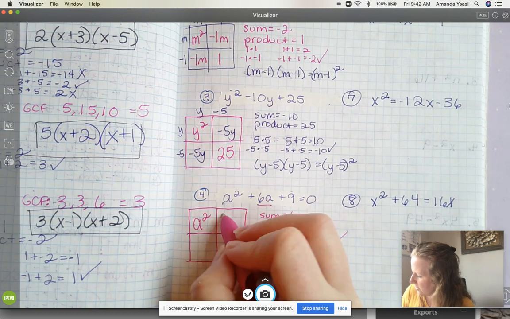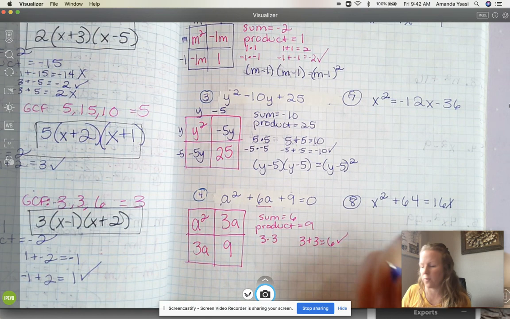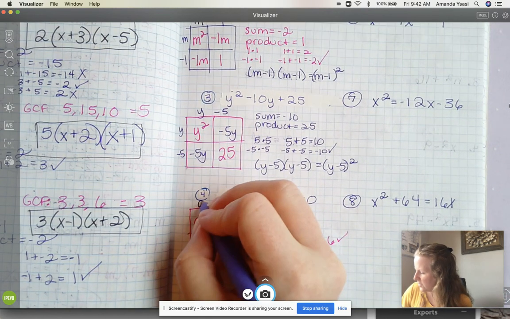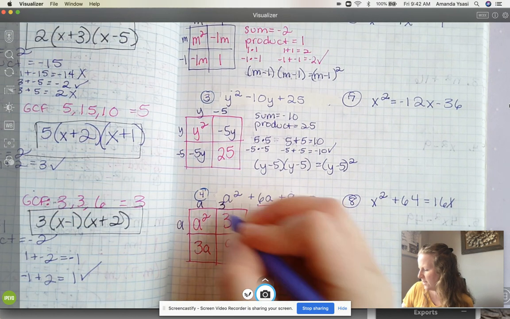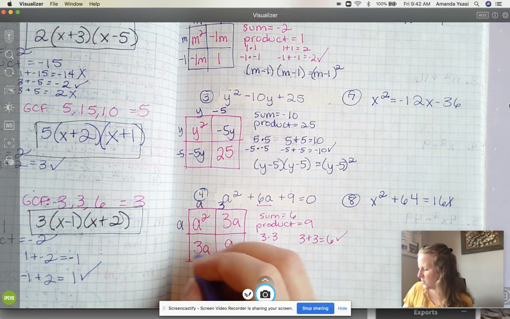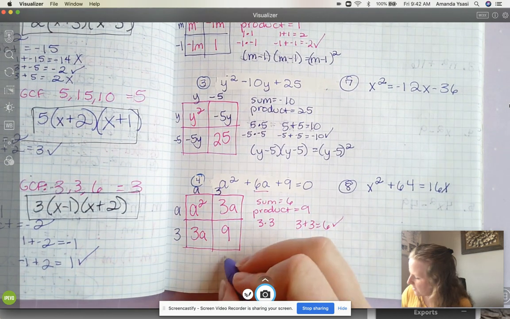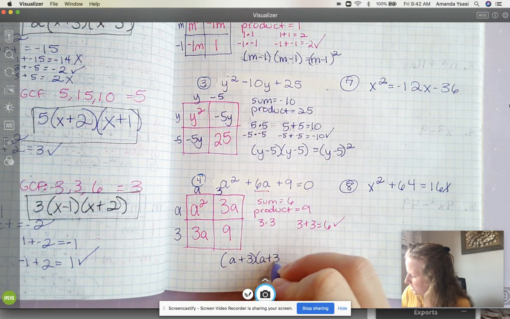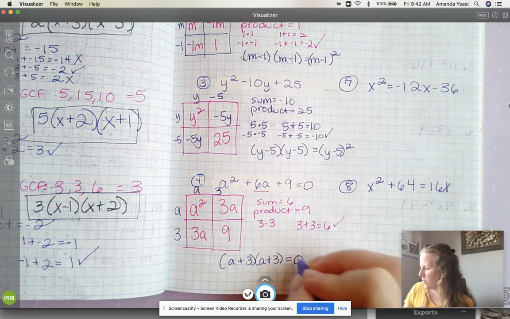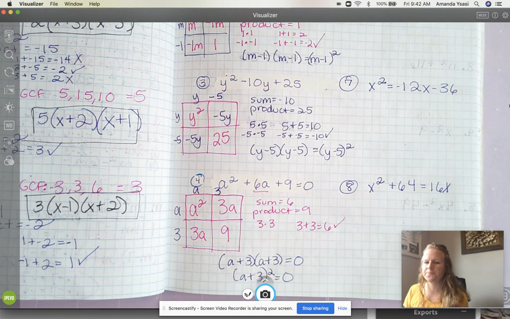So this would be 3a and 3a. Whenever we factor it out, we know this is a and this is a. A times what gets 3a? That'd be 3. A times what gets 3a? That'd be 3. So I have a plus 3 times a plus 3 equals 0. Or we could say a plus 3 squared equals 0.